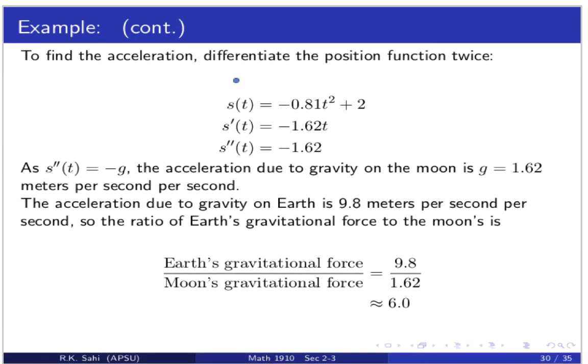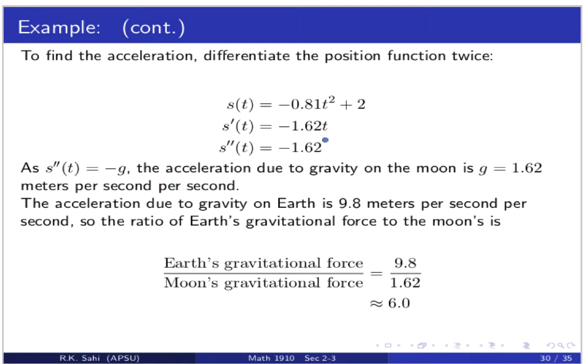Now to find the acceleration, we differentiate the position function twice. The first time we differentiate this position function, we get negative 1.62 t. The second time we get negative 1.62. Now remember the second derivative is negative g, that is, the acceleration due to gravity on the moon, where g is 1.62. The negative is because it goes in the opposite direction here.